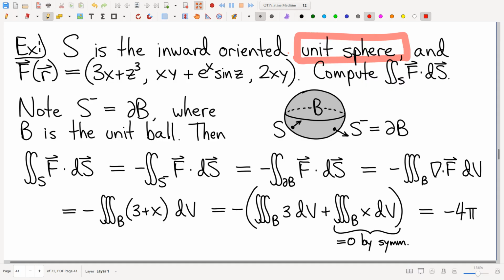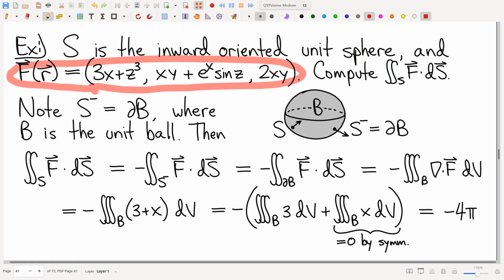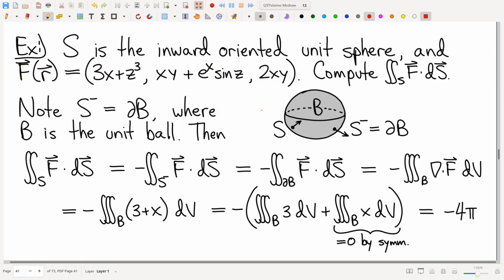And again, if you give me that choice, square roots versus trig, I'm always going with trig. But then you think to yourself, well, if x, y, and z are chock full of trig, then this vector field is going to turn into a nightmare. And so let's not do it that way. I think that'd be really hard. So our alternative is to try to use the divergence theorem.